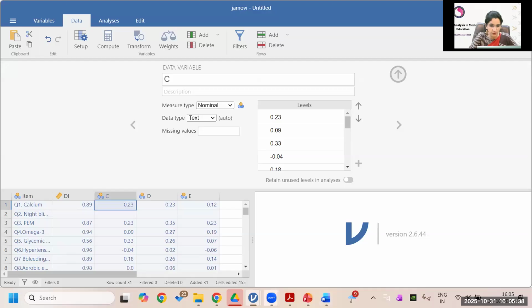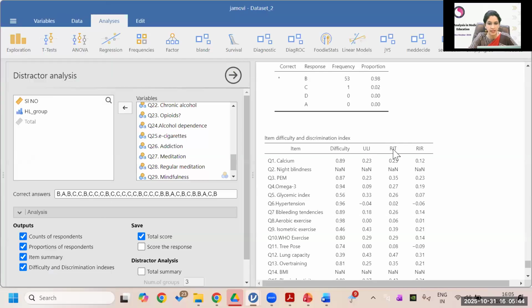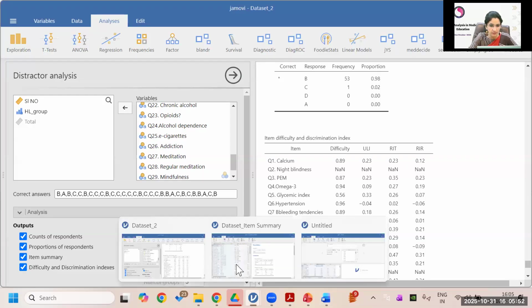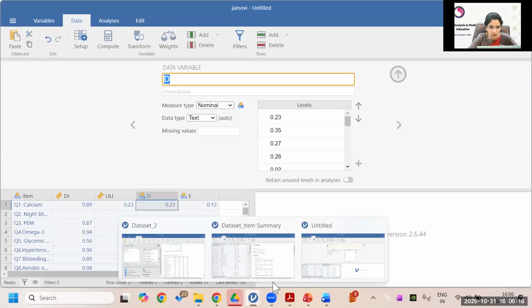If you see the original data set table, this is ULI, this is ULI, this is RIT, and this is RIR. So I will write ULI here. ULI or discrimination. Again, you change that to continuous. And then next one is your item rest correlation. So what was the nomenclature which it was using?